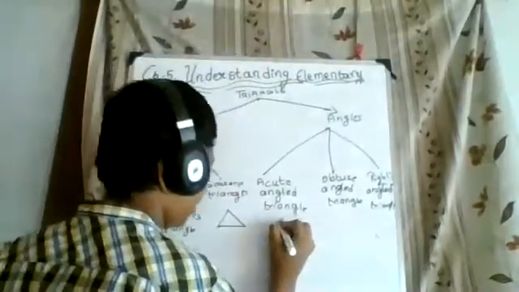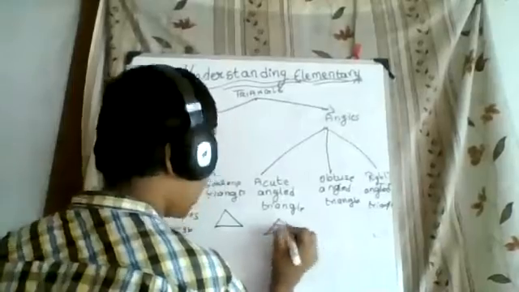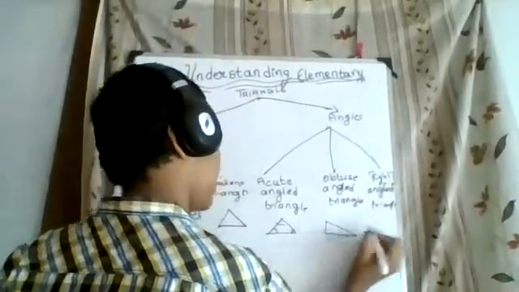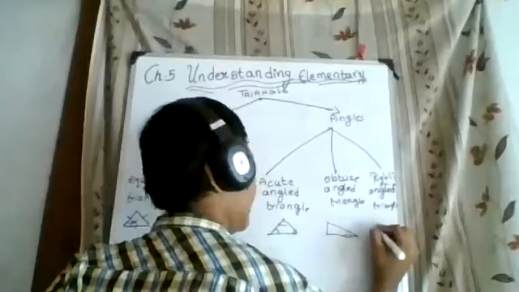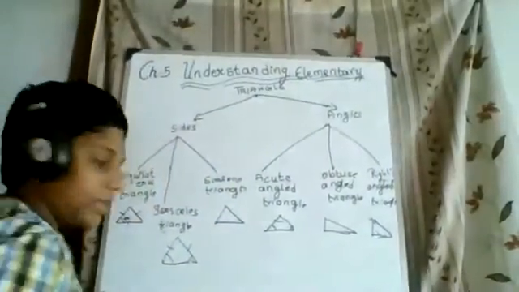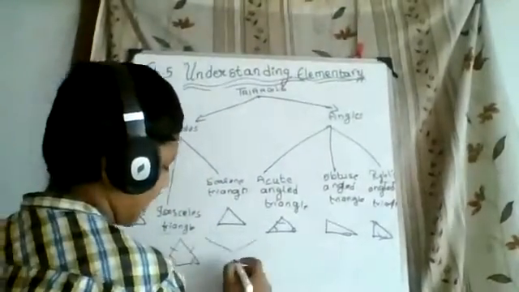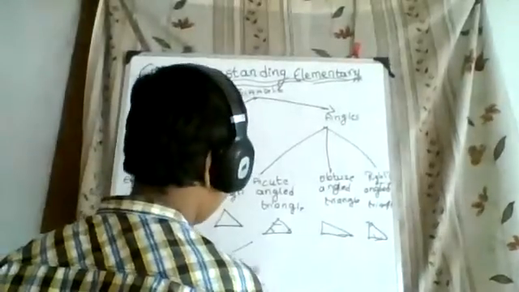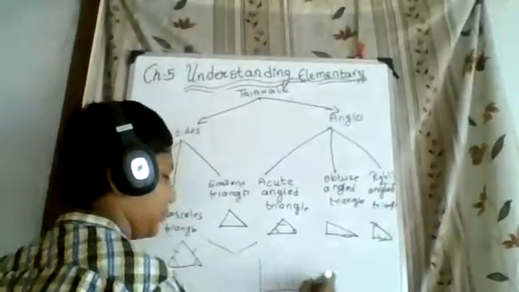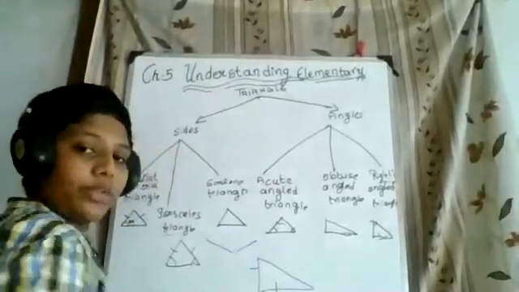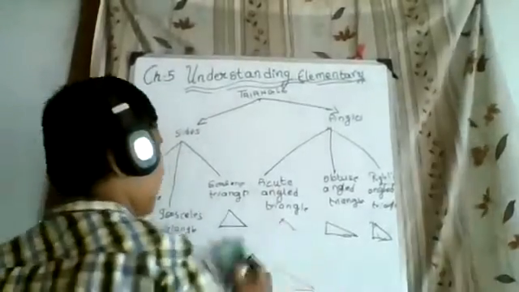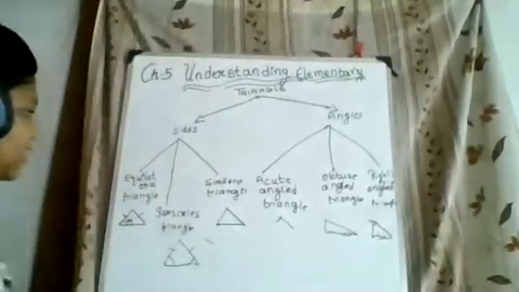In this, all three angles are acute, one angle is obtuse and one angle is 90. And from these both we have one classification, the right angled isosceles triangle. Two sides equal with one angle 90. This is the classification of angles.